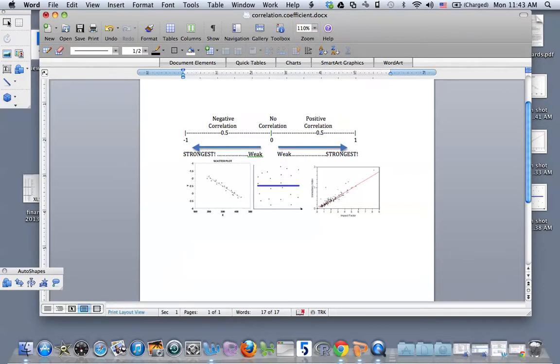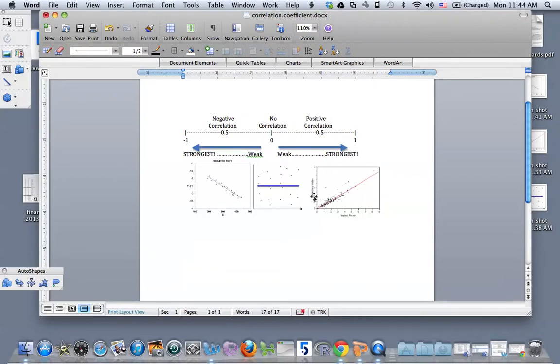Picturing this on a graph sometimes helps people. A perfect negative correlation, a negative 1, would be depicted as a line that goes from the top left all the way down to the bottom right. A perfect positive correlation, the strongest, would start at the bottom left and go all the way up to the top right.